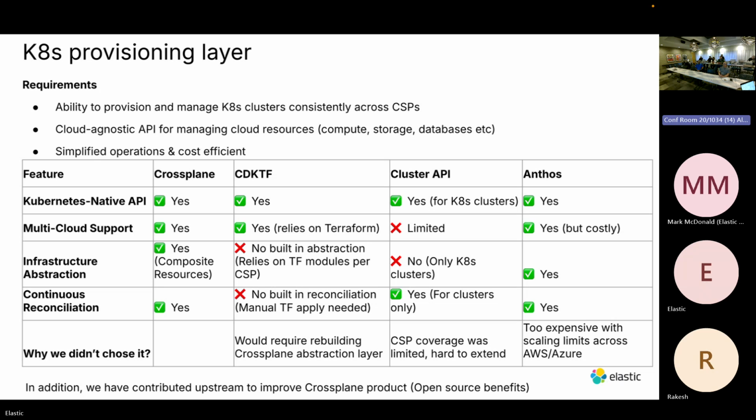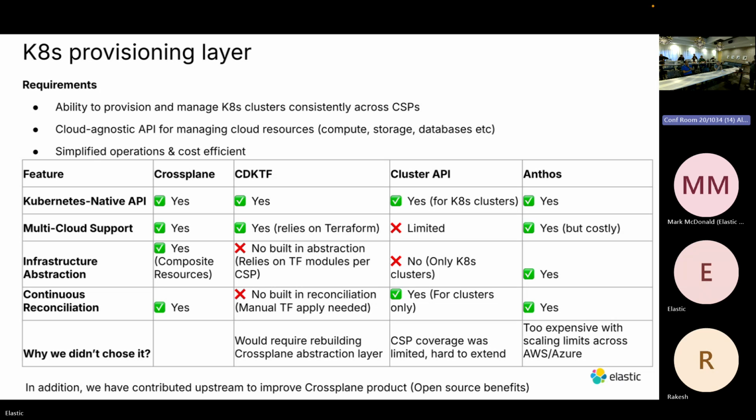Before we thought about which provisioning layer, where we have four options outlined in this table, we thought about our requirements in very simple, high-level terms. We needed the ability to provision and manage Kubernetes clusters across the CSPs, but in a cloud agnostic API way, so that we don't end up with multiple different APIs that each engineer needs to care about.